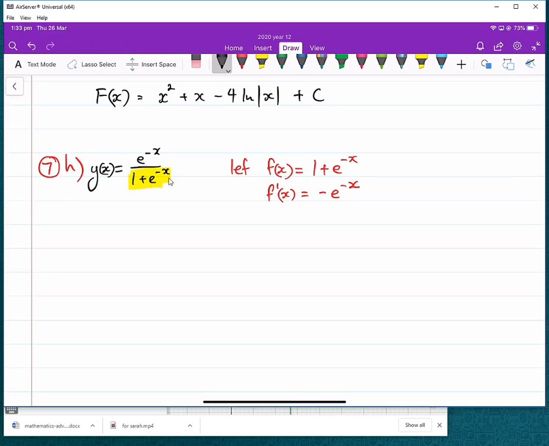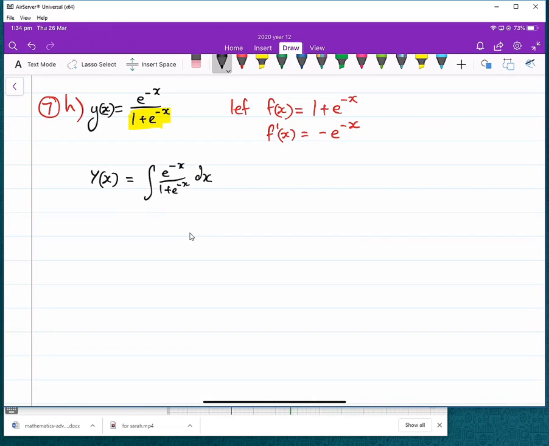So therefore, y of x, capital Y, to show it's our antiderivative, the integral is equal to the integral of e to the negative x over 1 plus e to the negative x dx. Okay, so that's how we're going to find our primitive function, and that's the same as negative of the integral of negative e to the negative x over 1 plus e to the negative x.